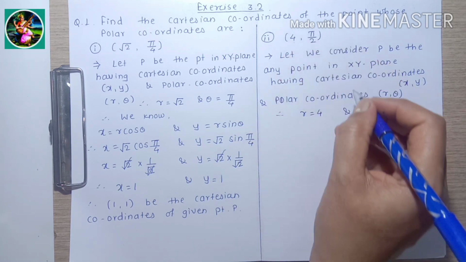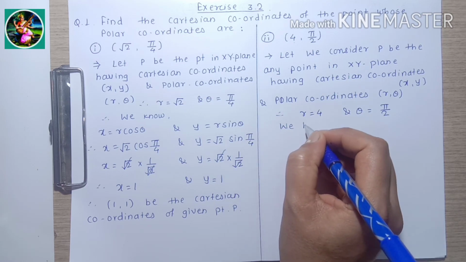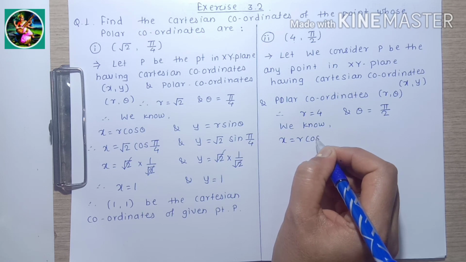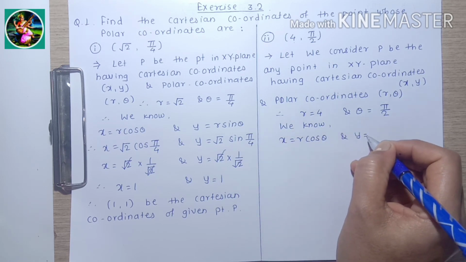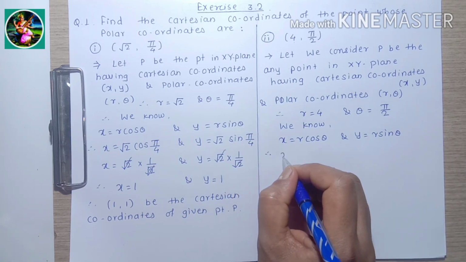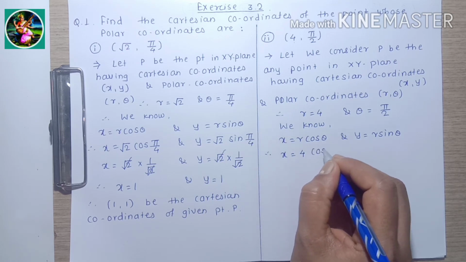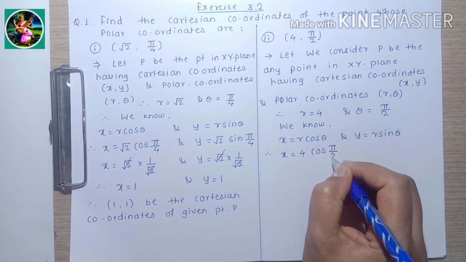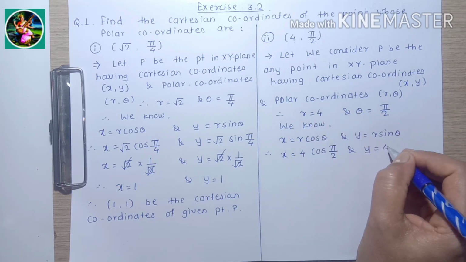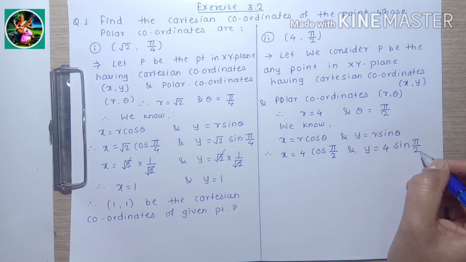As we know the relation between polar coordinate and Cartesian coordinate, here we write x is equal to r cos theta and y is equal to r sin theta. Here we substitute these values: r is 4 and theta is pi/2.